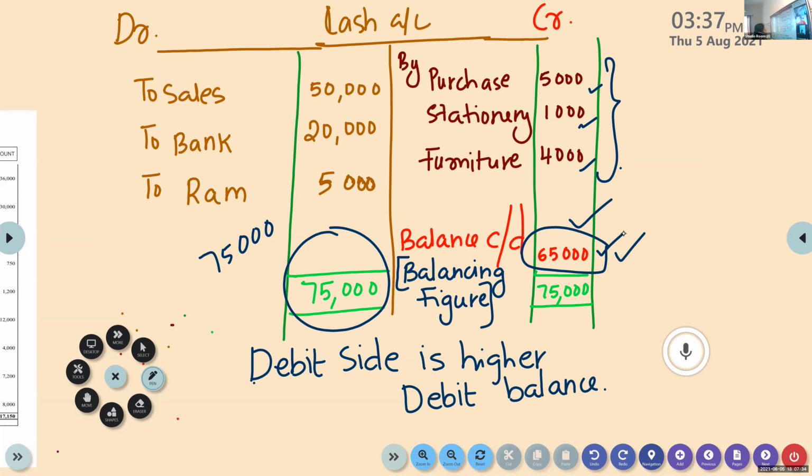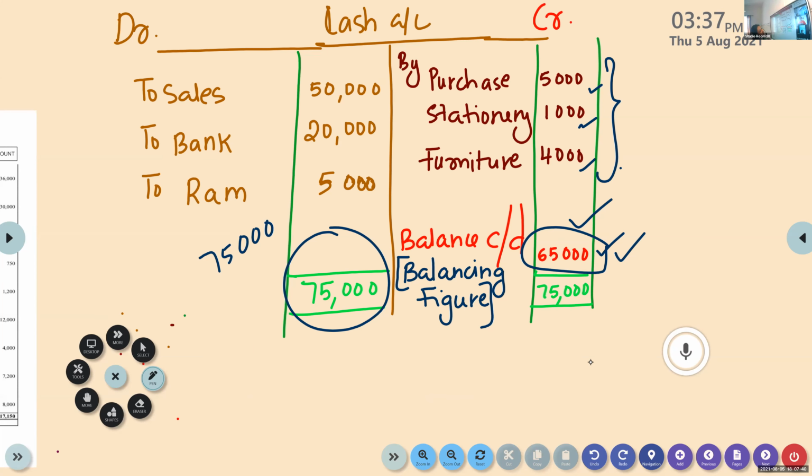Now let me ask you, if we are not preparing the ledger, we have only the journal with us. How do we know the cash balance now? We need to go through all the 30, 50 transactions of a day, and find wherever the cash account debtor or to cash account is there. We have to calculate all that. It is time consuming.